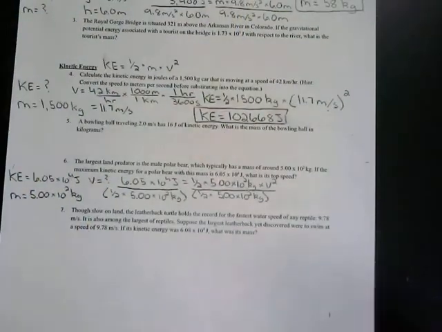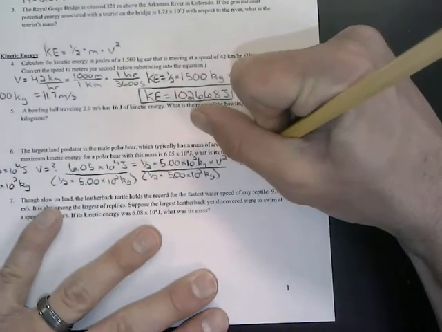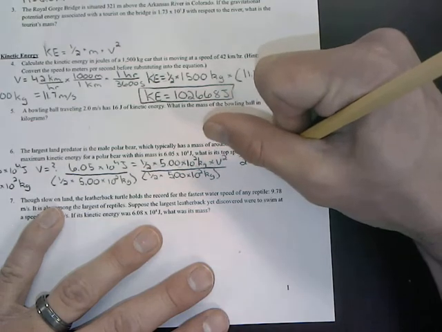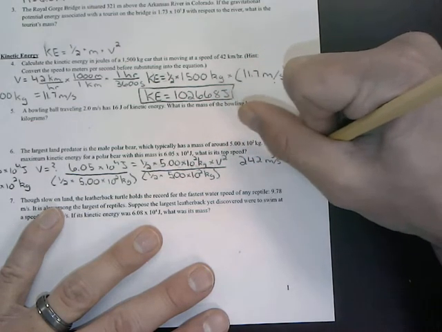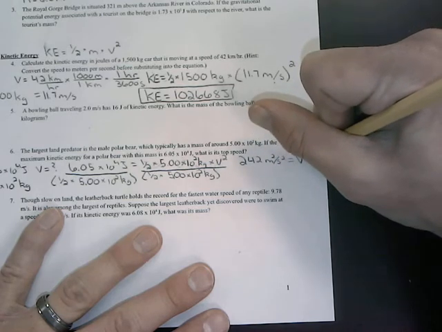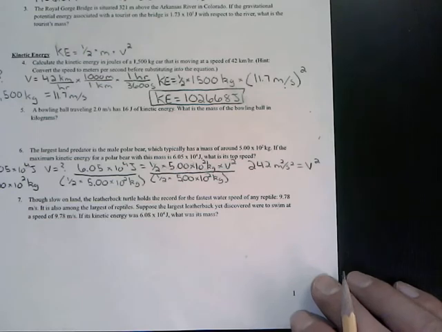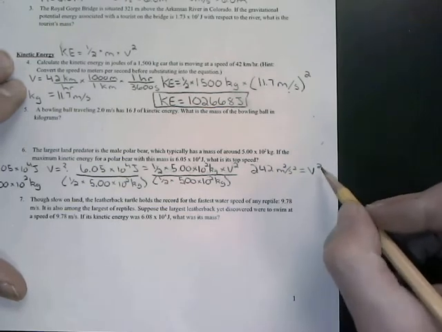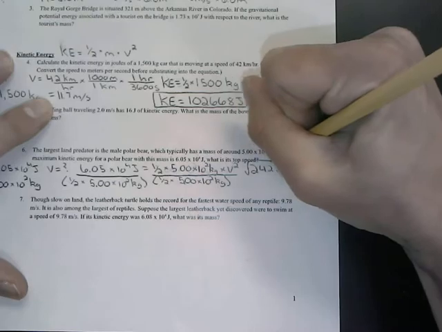Now, we're not quite done, because this is 242 meters squared per second squared equals our velocity squared. Now, remember from math class that to get a squared by itself, so to get rid of the squared power, you need to take the square root of both sides.